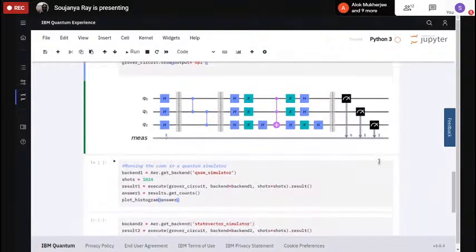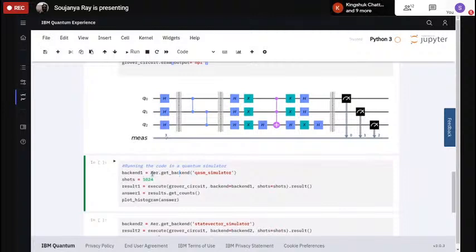So let's run the circuit. Let's simulate it using a QASM simulator that IBM Qiskit offers. We'll be taking 1024 shots and executing the result. That is our Grover circuit. We'll be using the Aer backend.